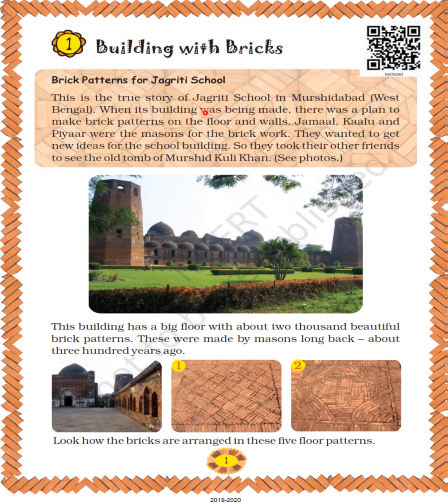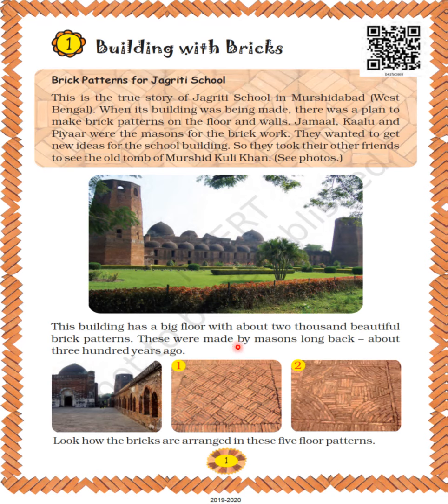When the building of Jagriti school was being made, the three masons, the helpers who help us make buildings or homes, went to get new ideas. Jamal, Kalu and Piar went to the old tomb of Murshid Quli Khan. This is the picture of the old tomb, and Murshid Quli Khan was the first Nawab of West Bengal.